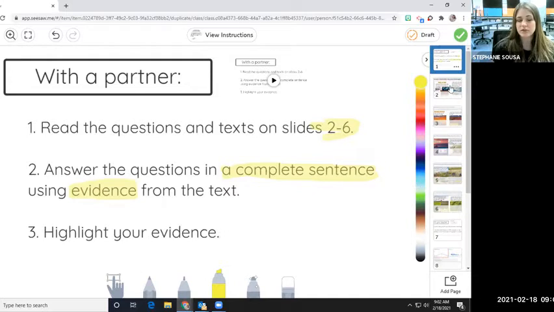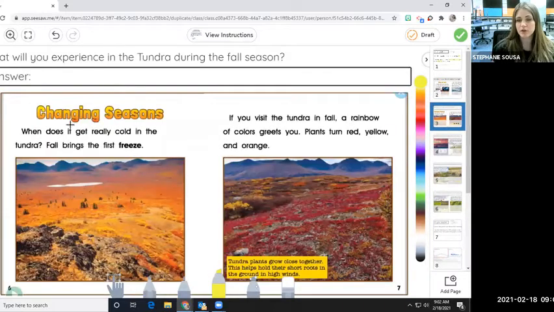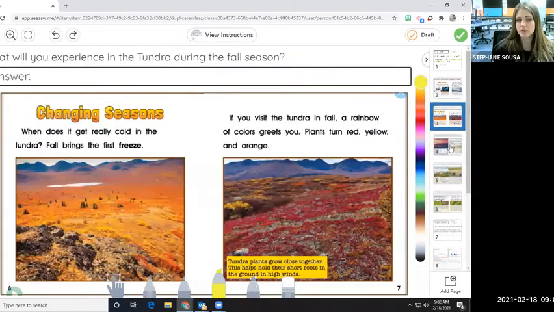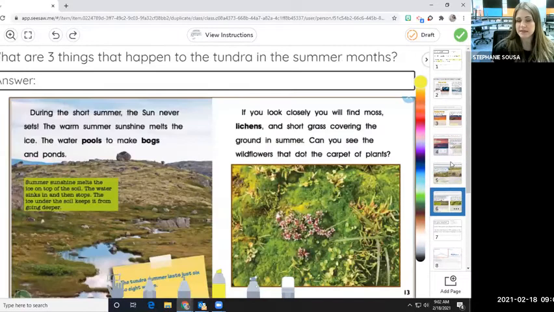So just like yesterday, you're going to read the text, and up top will be a question for you. You and your partner will look for evidence in the text, highlight it, and then type your answer in a complete sentence for slides 2, 3, 4, 5, and 6.